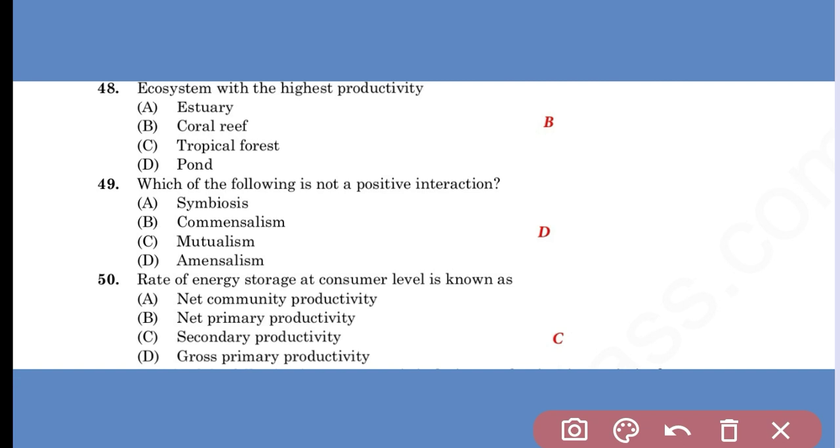Or we can say that NPP is equal to GPP minus RA, that is respiration. GPP is the amount of organic carbon produced by the plant, before it is consumed by its own respiration. Or we can say that it is the rate at which solar energy is captured in sugar molecules during photosynthesis. It is the energy captured per unit area per unit time, that is GPP. So here the question is asked, the rate of energy storage at consumer level is known as secondary productivity. Option C is the answer.